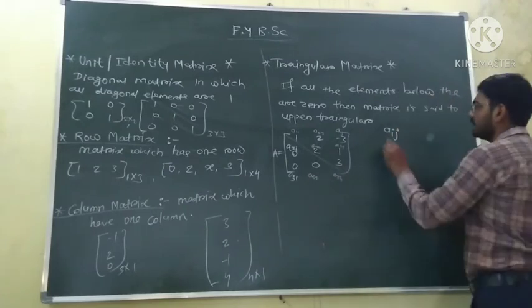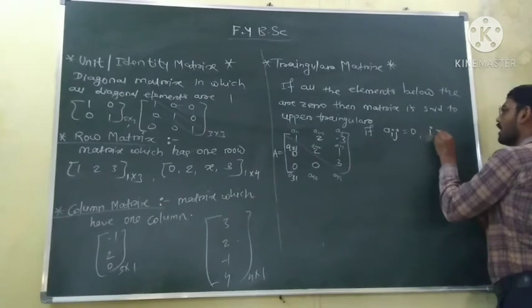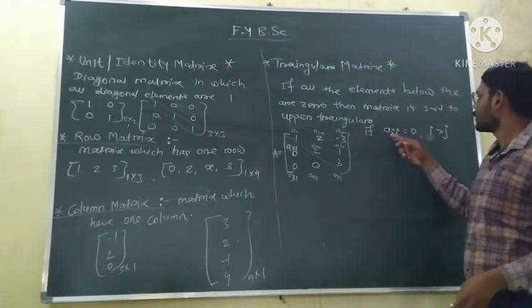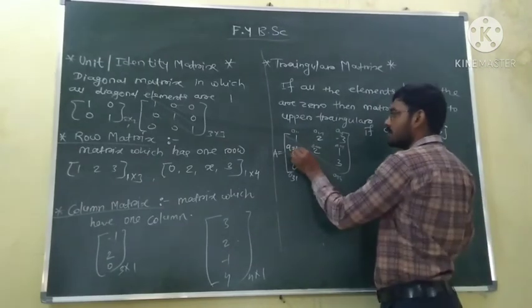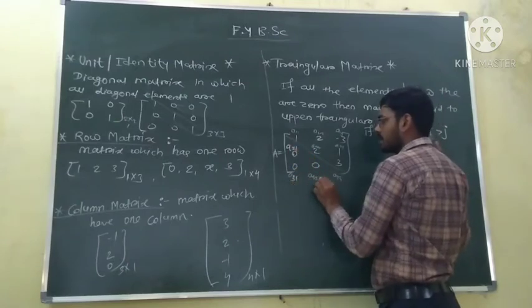So if Aij is equal to 0 for i greater than j, the matrix becomes an upper triangular matrix. Here i is 2, j is 1, so 2 is greater than 1; here 3 is greater than 1, and 3 is greater than 2.